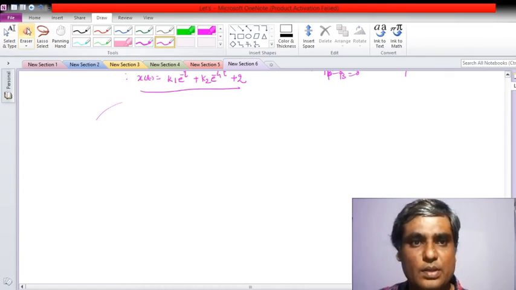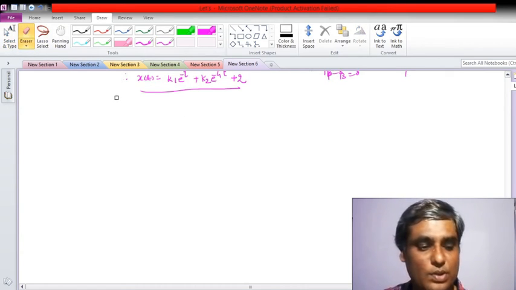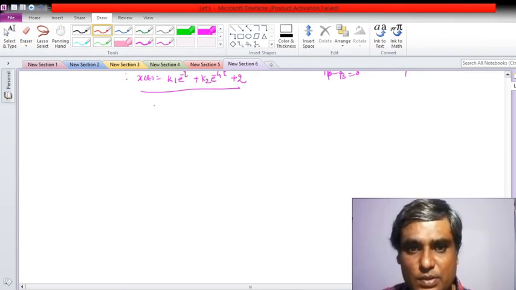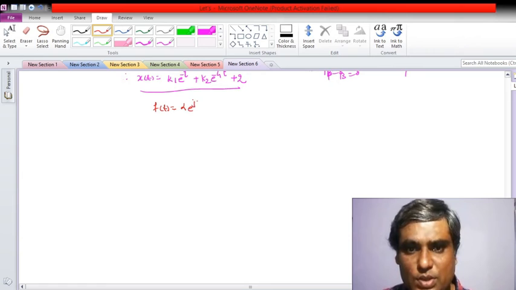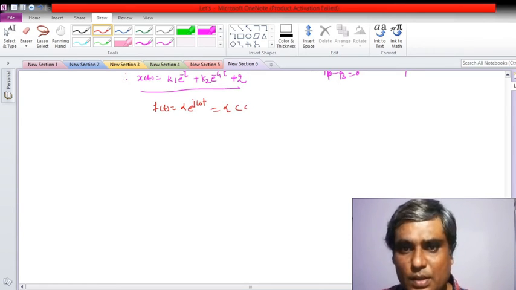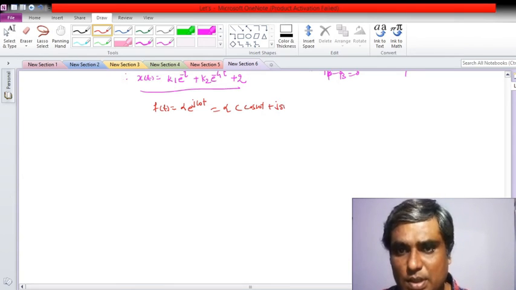Now, what if it is a complex conjugate? Suppose my forcing function is alpha e raised to j omega t, which is alpha times cos omega t plus j sin omega t.